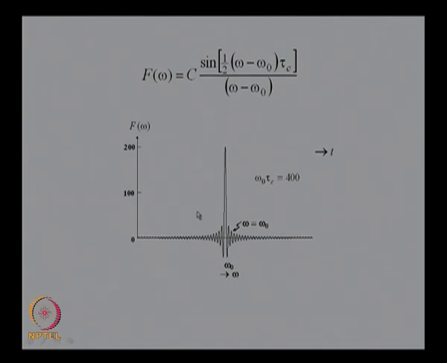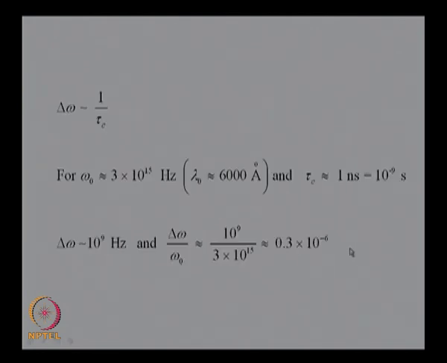So, the longer the value of tau c, the greater will be the sharpness of F of omega, and the greater will be the monochromaticity of the pulse. For example, in the example that I had just now considered, omega 0 is equal to 3 into 10 to the power of 15 hertz.